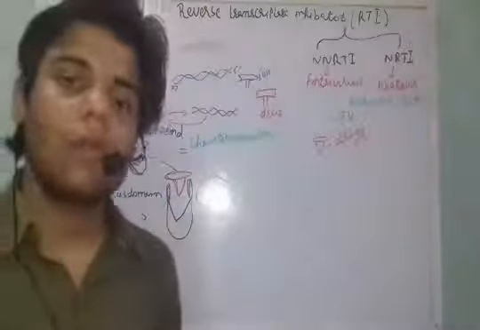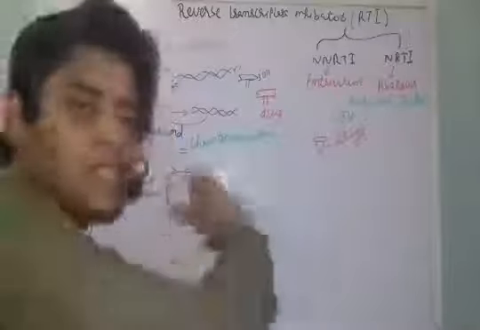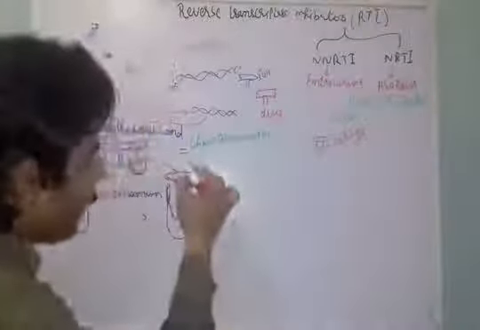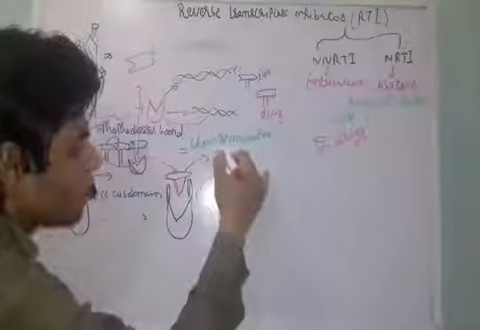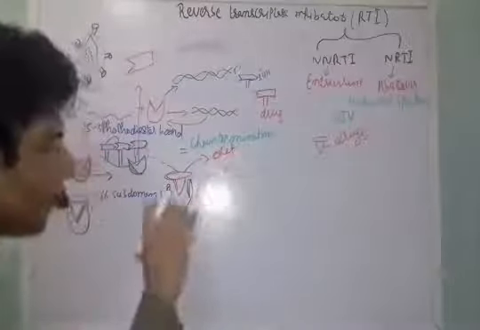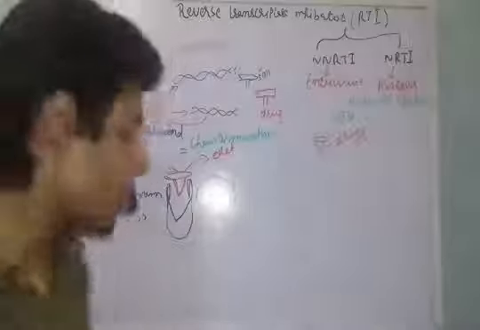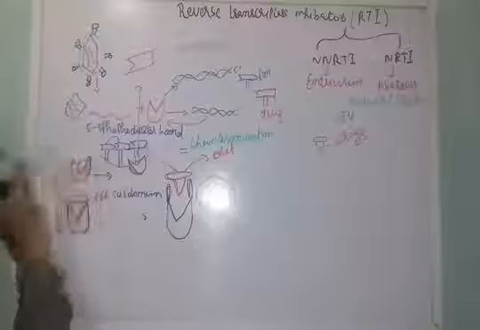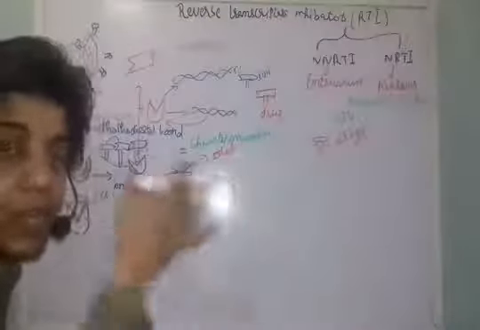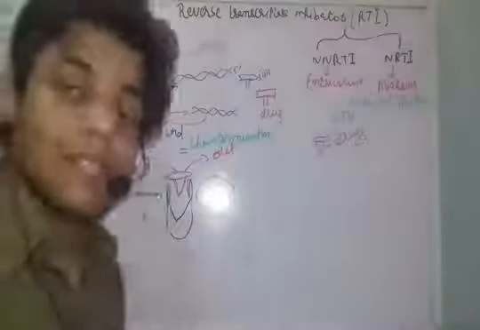Then the enzyme will easily eliminate it, so they will be out from the enzyme. Once they are out, this mutated enzyme will again sit here and scan the strand and produce a double-stranded DNA.